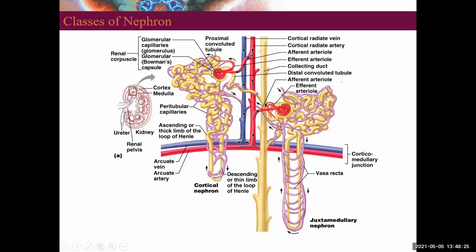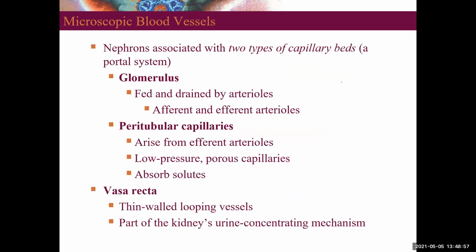That is called filtration. 99% of the things are absorbed into the peritubular capillaries. So they are absorbed from the tubules into the peritubular capillaries. That is called reabsorption. Some of the materials that are not filtered are secreted actively using ATP into these tubules from the capillaries, and that is called secretion. So filtration, reabsorption, and secretion are the mechanisms of urine formation. Okay.